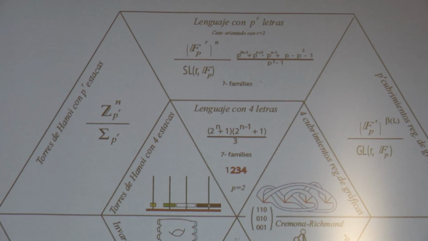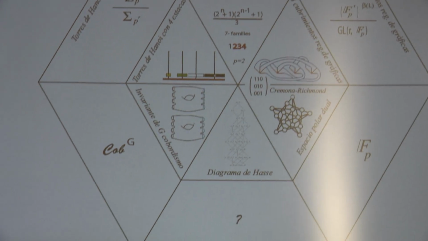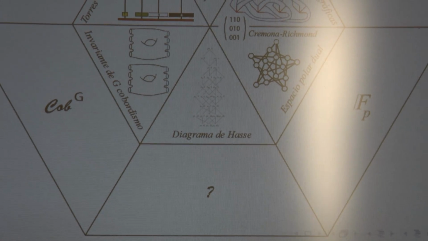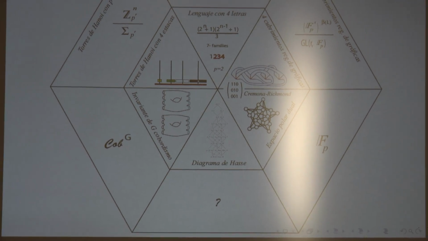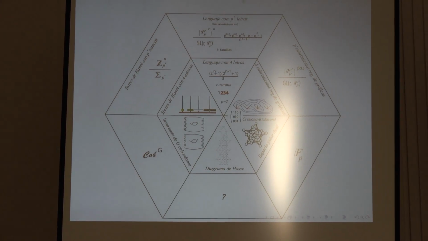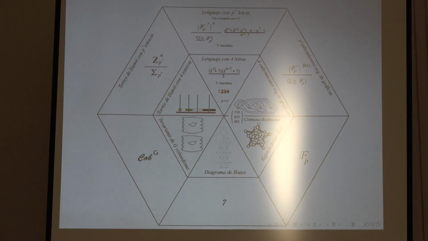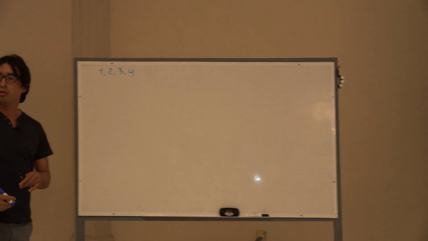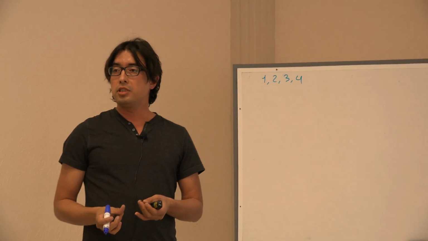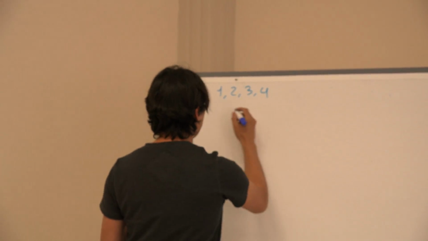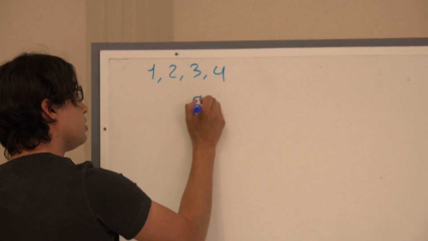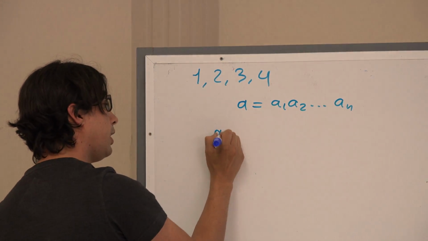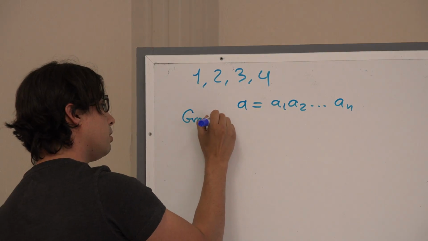Let me just very quickly say what everything is. For the language with 4 letters, you take the digits 1, 2, 3, 4, and then you take a language and put some grammar. For example, you take all the words A1, A2, and so on.